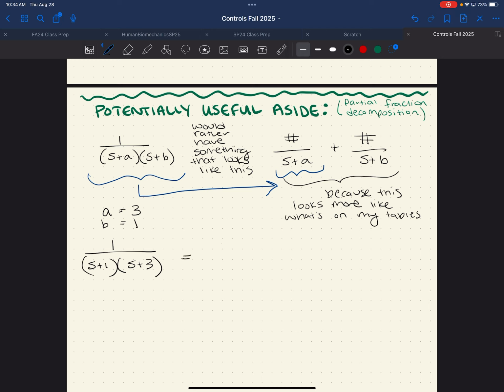I want that to look like some number over s plus a plus some number over s plus b, and I specifically chose a and b as 1 and 3. All right, so I want to force this thing to happen, and if I'm going to force it, I'll need to solve for what A and B cause this to be true.